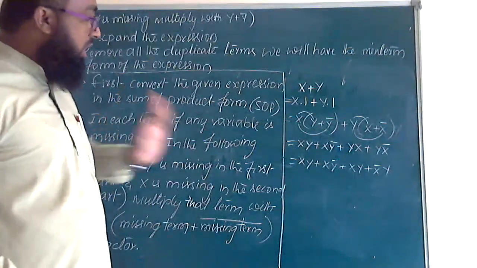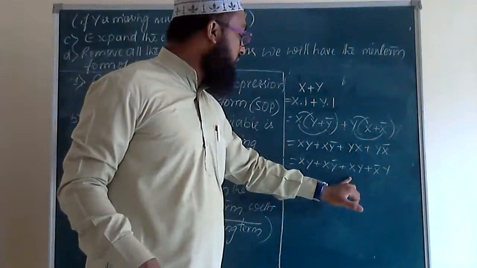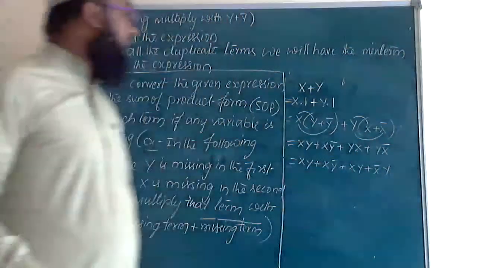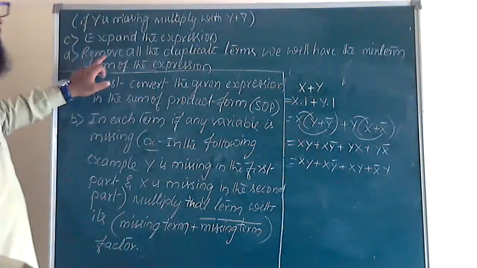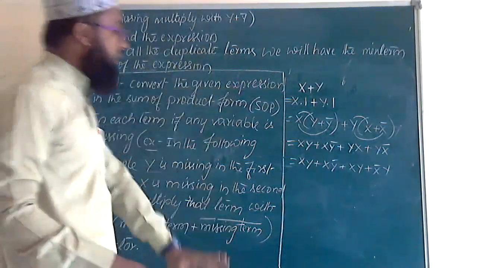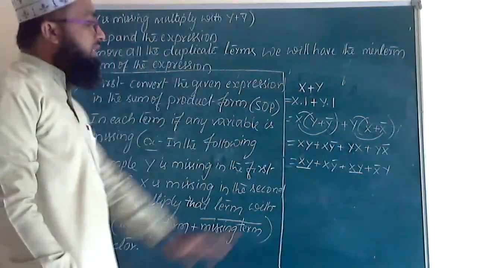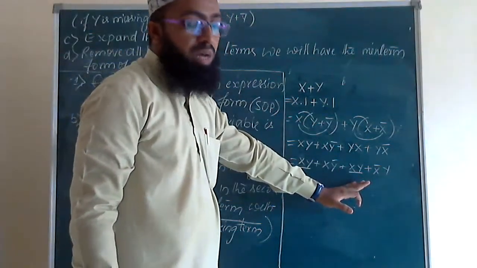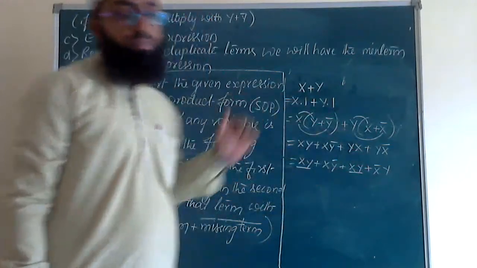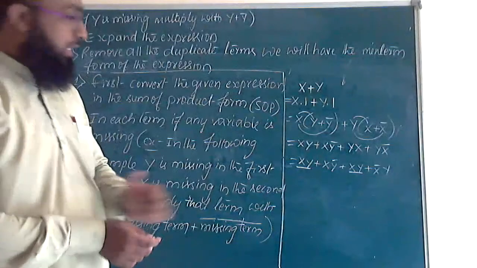Expand it. So next step, what we have to do? Just interchange. Here y x bar is there, interchange to x bar y. At last, remove all the duplicate terms. How many duplicate terms are here? Only x y is duplicate here. Duplicate means if similar terms are present more than once, that type of term is called a duplicate term.